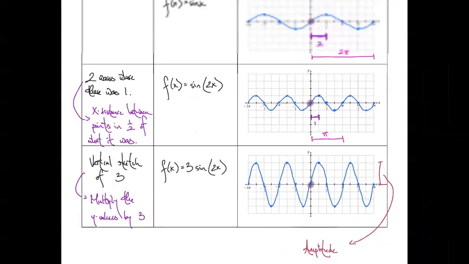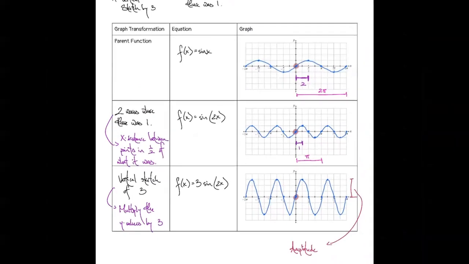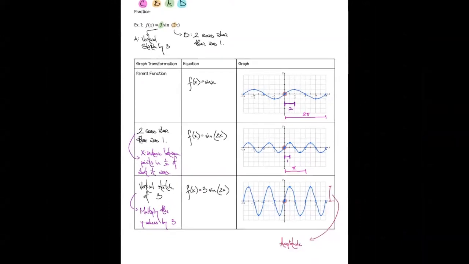So let's get this all on one screen here. And before we move on, are there any questions about example 1?